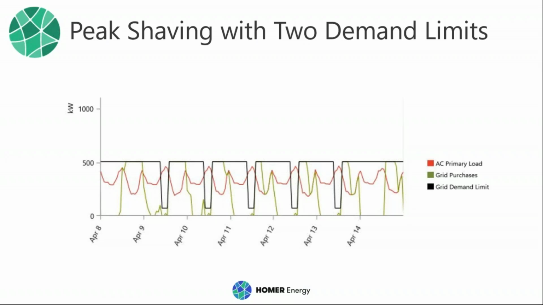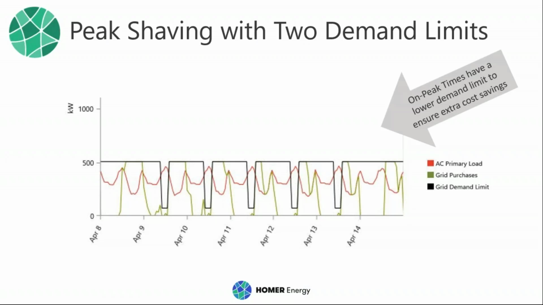So that's how HOMER Grid's peak shaving algorithm extracts extra value, by driving the demand limit lower during the times of day when the demand charge applies. And this is how you can see where the black line drops down during the on-peak times to reduce the demand during that time period.